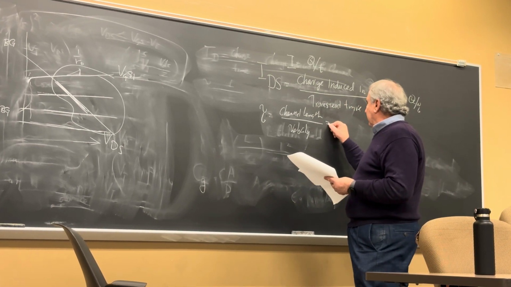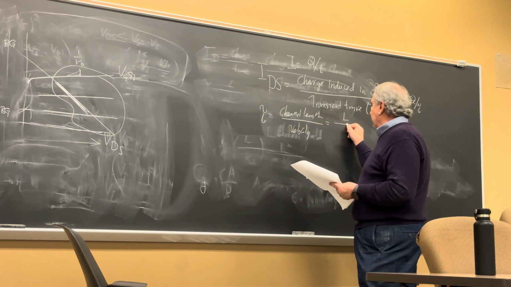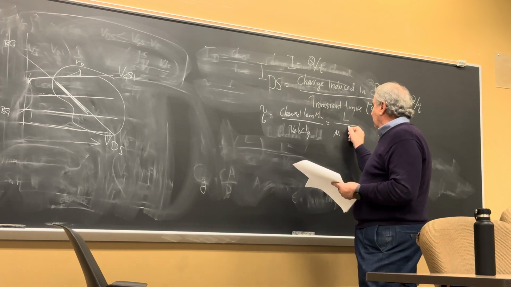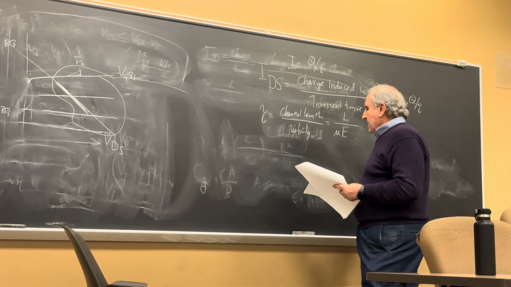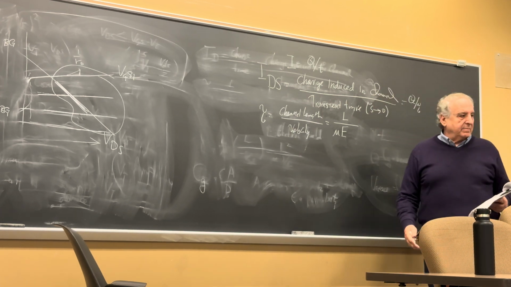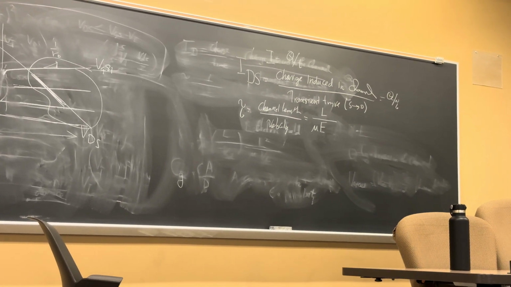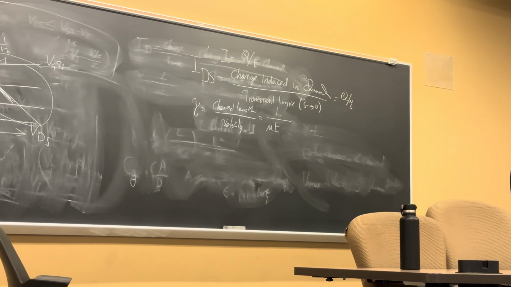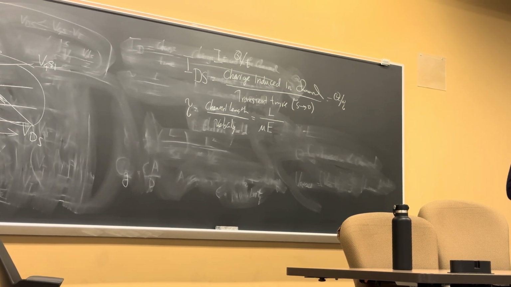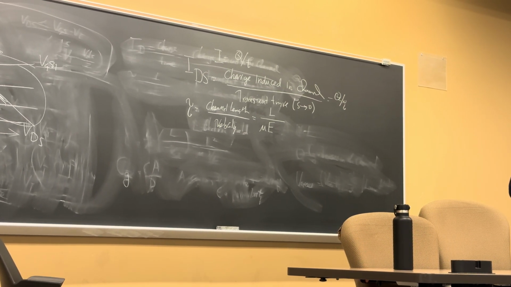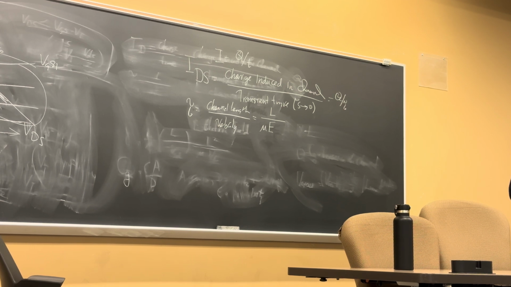So this will be written as the channel length L over the average velocity, mu times E. That comes from electron velocity from E and M, you know. What's mu? Mobility. Mobility times the electric field gives you the velocity of the electron.